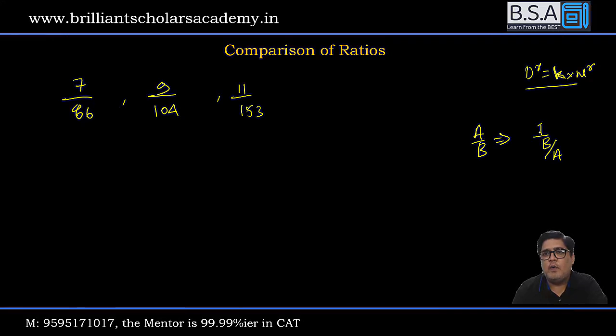All you have to do is write 1 upon. So first one I can write as 1 upon 86 by 7, 1 upon 104 by 9, 1 upon 153 by 11.